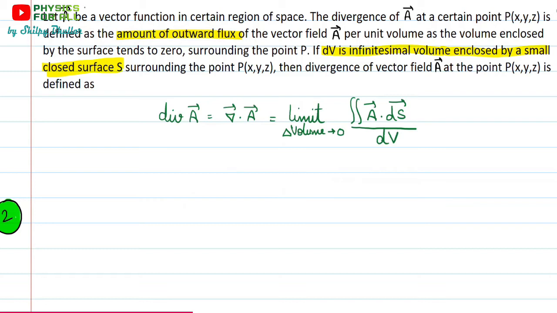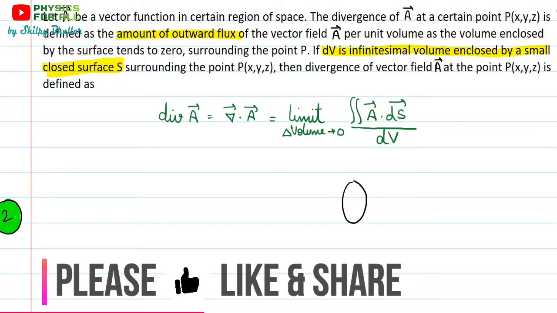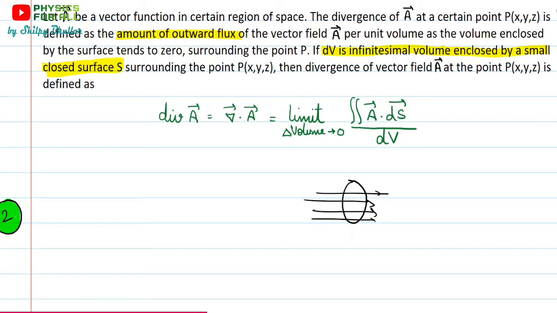Basically, it discusses how much of a quantity is flowing through a particular surface per unit volume, because that surface is a closed surface and it would definitely enclose some volume. So how many vector field lines are passing through that surface per unit volume. If you consider any surface and ask how many field lines are passing through it, we also say that the surface encloses some volume. That's why I'm showing this thickness also. So this is what we mean by divergence.